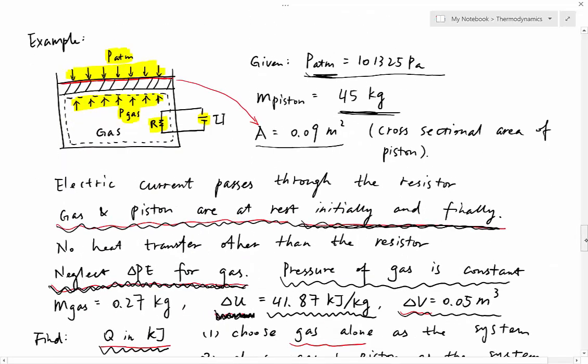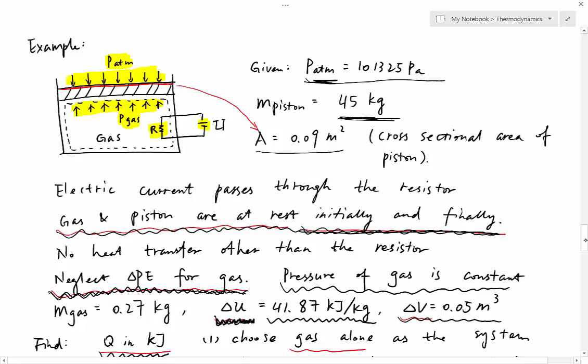All right, so what did the question say? No heat transfer other than the resistor. So the only heat transfer you have to consider here is from the resistor to the gas, and there's no other form of heat transfer. If that's the case, there's no heat transfer either going into the piston or coming out of the piston. If there's no heat transfer, does the temperature of the piston change?